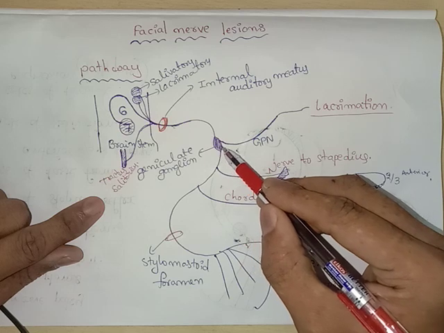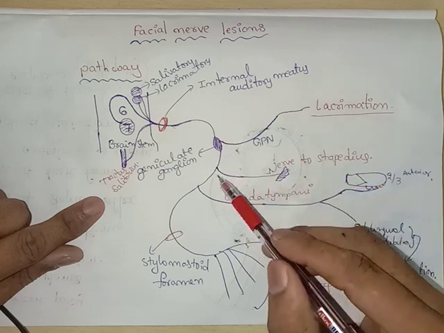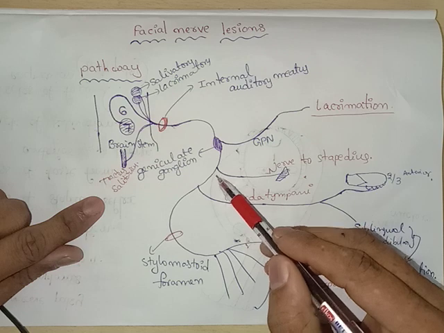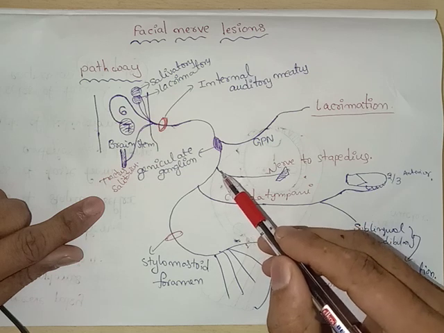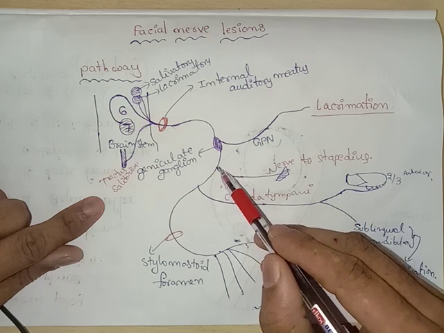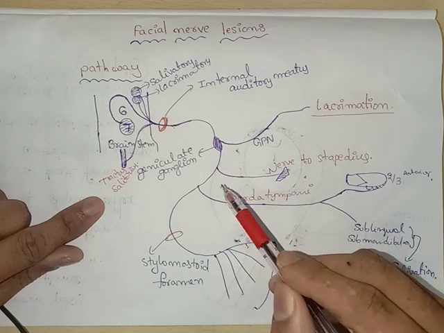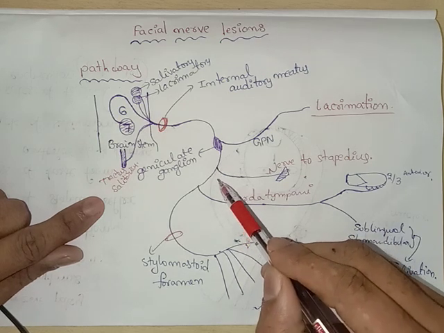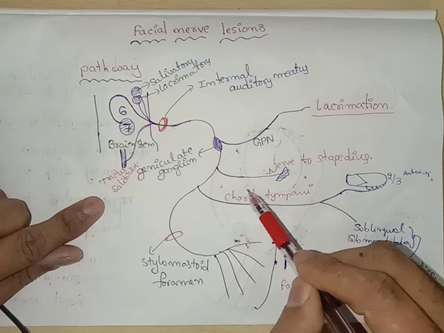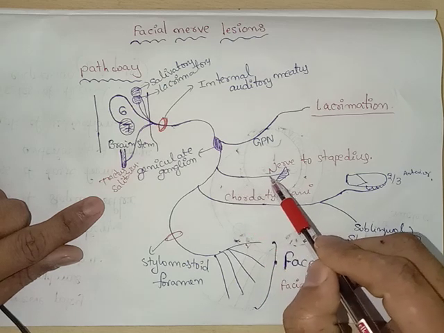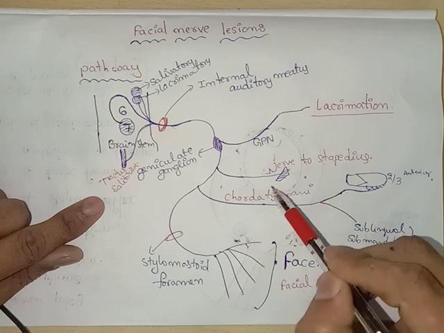This is the geniculate ganglion. Below the geniculate ganglion, while going through the posterior wall of the middle ear, it gives a branch to the stapedius muscle. It is called the nerve to stapedius.